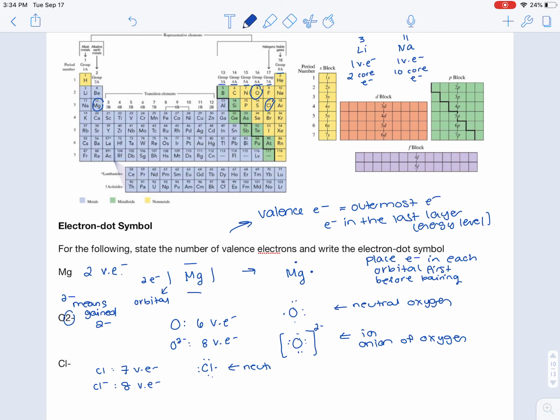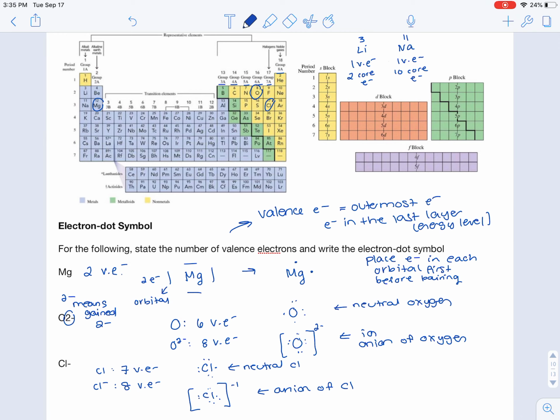Neutral chlorine. Then, with the ion, I would write chlorine 1, 2, 3, 4, 5, 6, 7, 8 in brackets with the -1 charge. And that would be the electron dot symbol for the anion of chlorine.